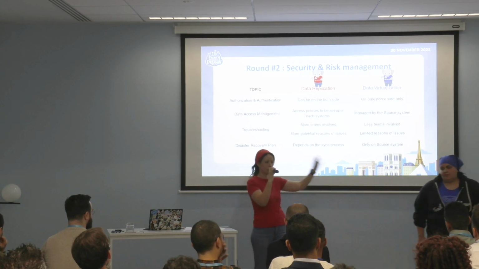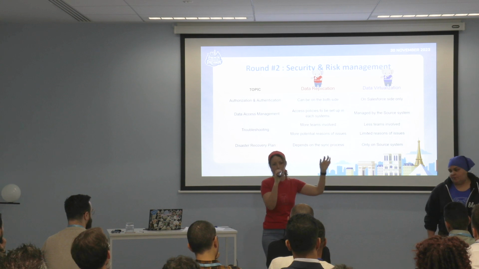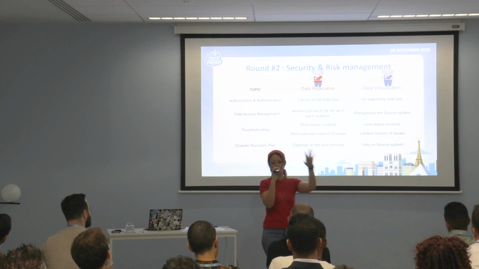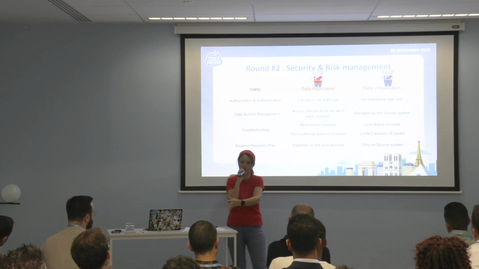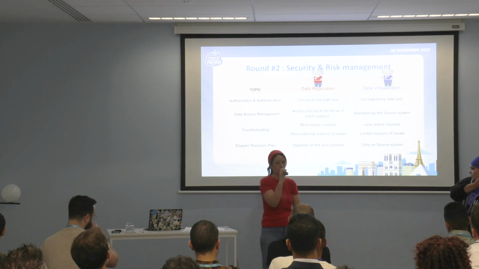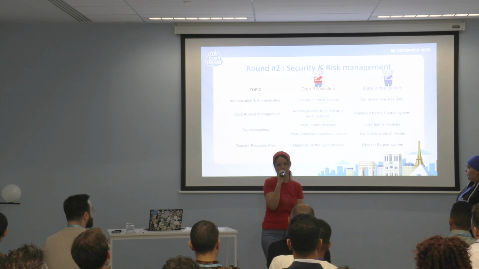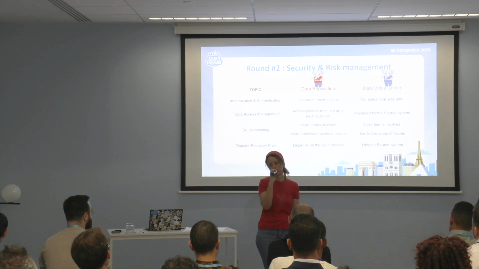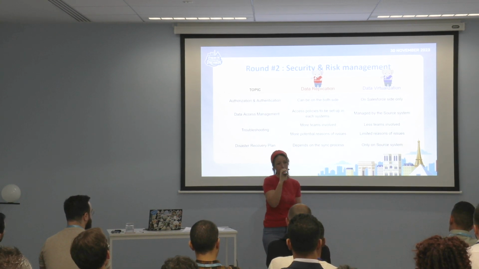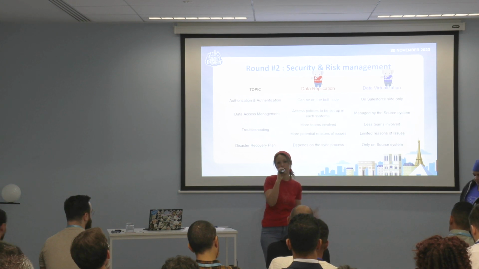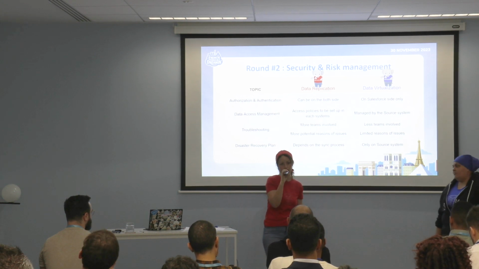It can be caused by business rules on the Salesforce side. We can have a missing field in the other system. If we use an ETL, we can have an issue due to the mapping of the data.